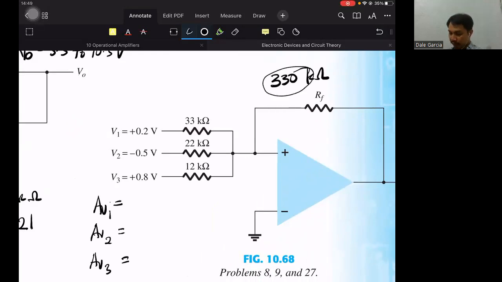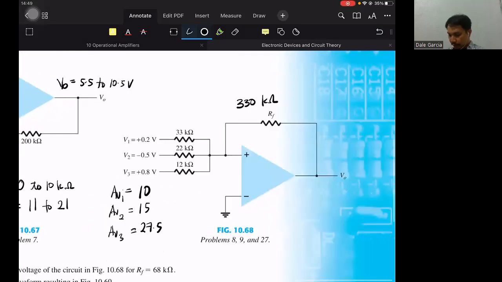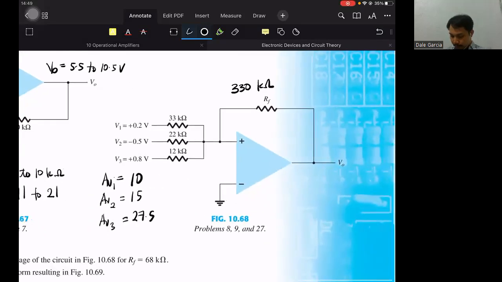Answer: 330 divided by 33 is 10. B2, 15, sir. And last, 7.5. So those are the individual gains. Multiply them with the given inputs for the final answer.